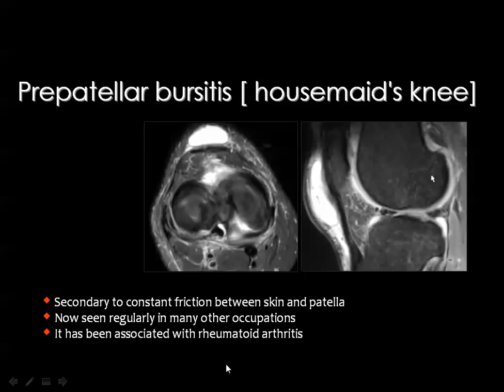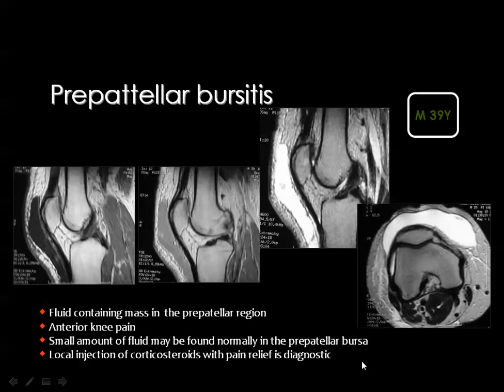Prepatellar bursitis means inflammation of the subcutaneous prepatellar bursa, which then accumulates fluid. You can see this in the sagittal images, and also in the axial images. Sometimes this is known as housemaid's knee, but inflammation of the prepatellar bursa can also be seen in cases of rheumatoid arthritis.